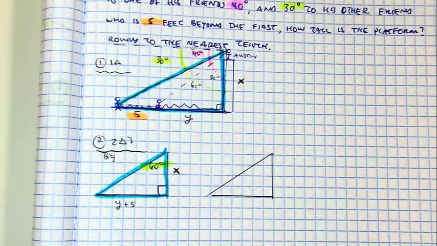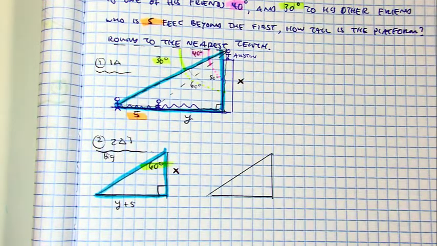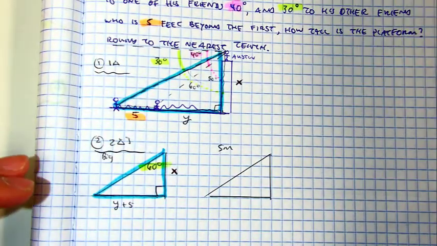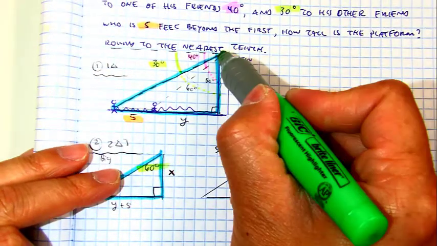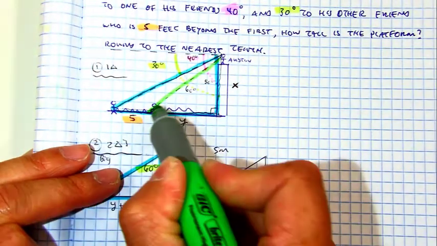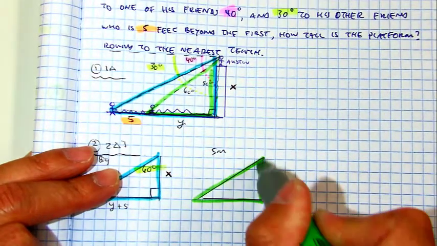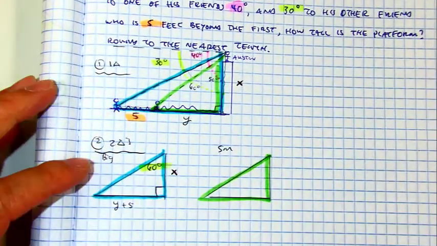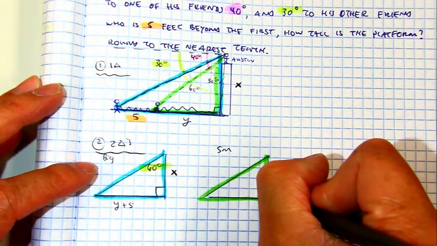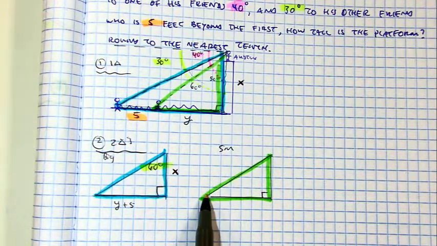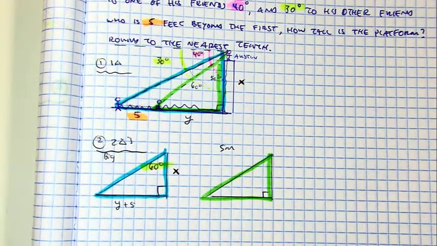How about Kayla? Help us draw the smaller triangle. Let's make this in green. Ready, Kayla? Do you want to do the angle on the left here or on the right? Okay.